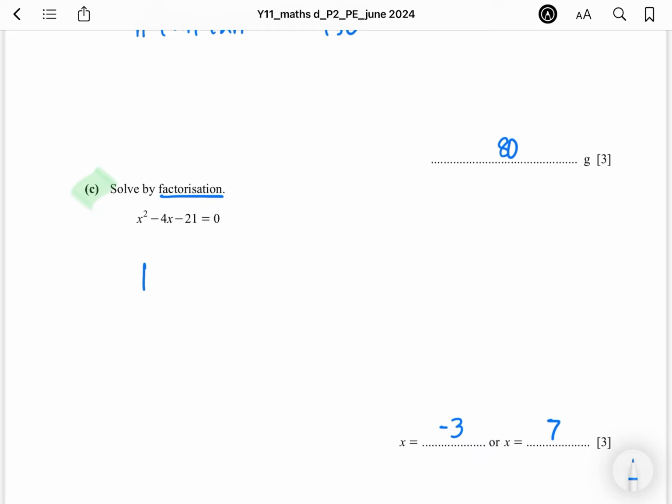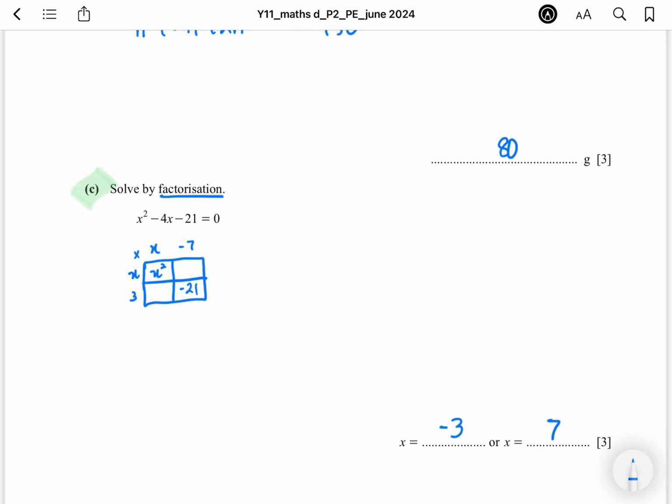So when we did this one, we used the box method. x squared here, minus 21 here. You put the factors on top, and what we want is factors of minus 21. So we have a negative, so I'll put a 7 here and a 3 here.